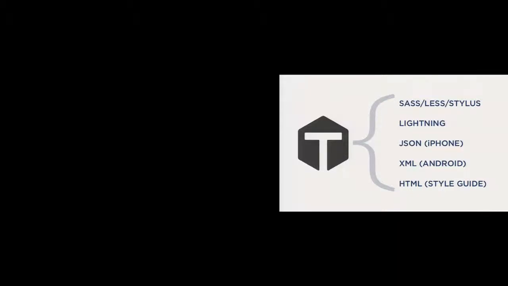Plus, it has the capability to generate a style guide at the same time, which means when you want to change a color, you change it in one place, you run the tool, and it generates these formats. And when you make this whole thing part of the build process, designers can change these design properties pretty much till the end of the development cycle, and developers don't really care about the impact.